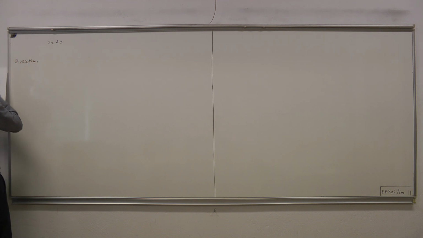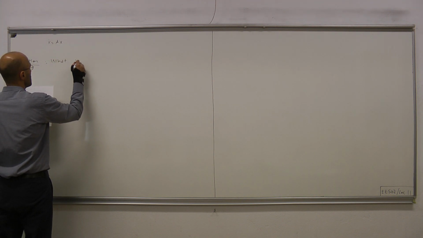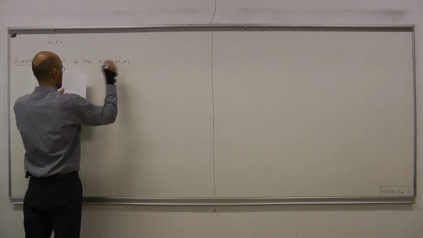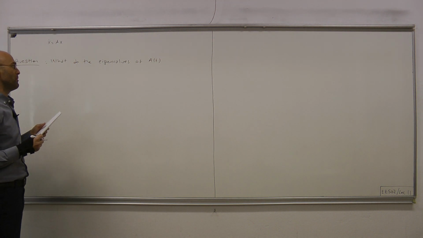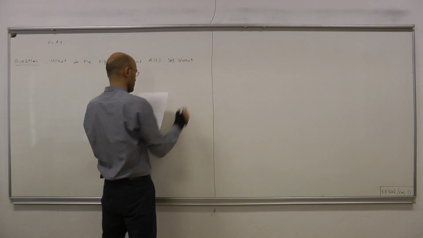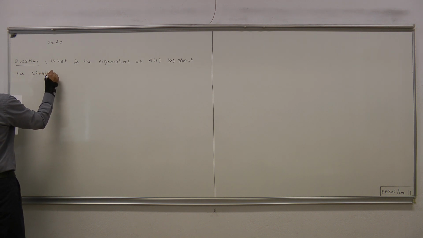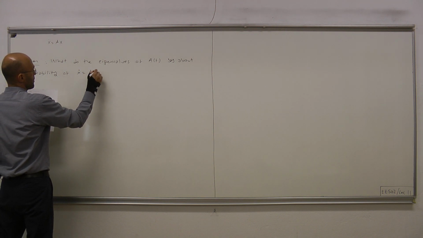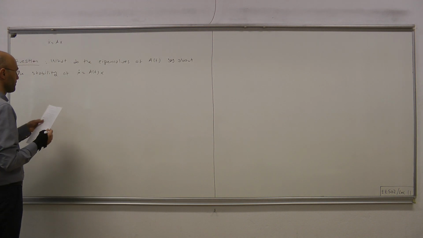Okay, in other words, let's ask the following question. What do the eigenvalues of some time varying matrix A of t say about the stability properties of the homogeneous LTV system x dot equals A(t) x?